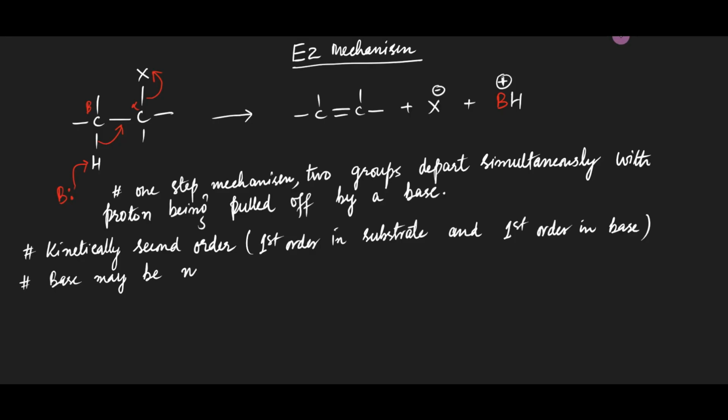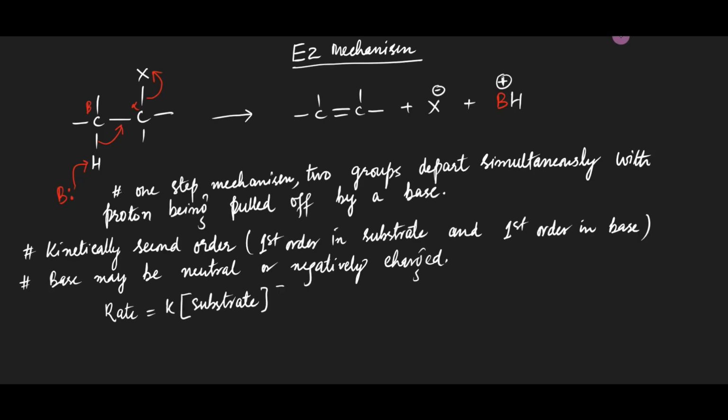The base used may be neutral or negatively charged. We can write the rate equation as rate equals rate constant k times substrate concentration times base concentration. It means doubling the substrate concentration doubles the rate. Likewise, doubling the base concentration doubles the rate. Doubling both substrate and base concentration makes the rate 4 times.